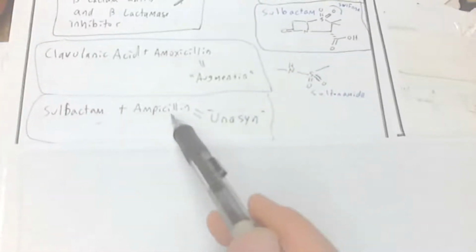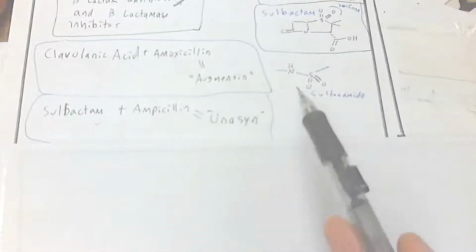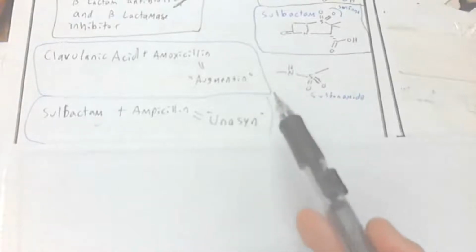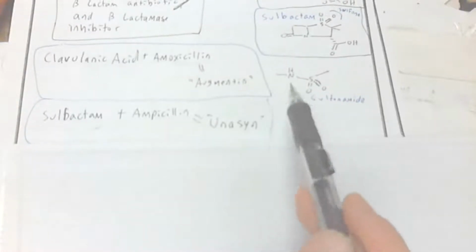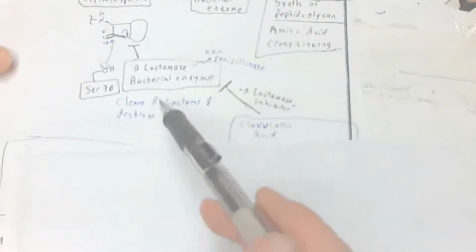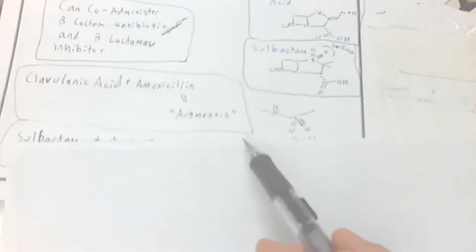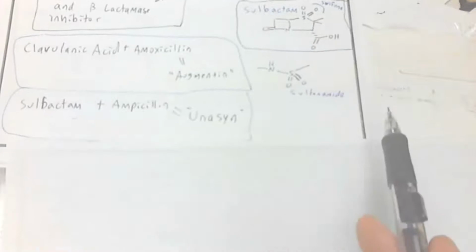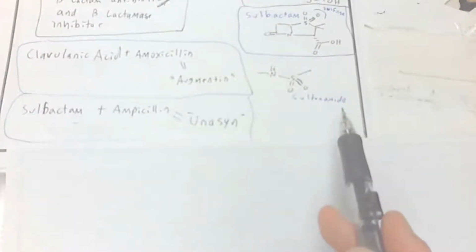And sulbactam and ampicillin is called Unasyn. So it's a pretty cool drug strategy to essentially knock out DD transpeptidase as well as beta-lactamase. It's cool. Yeah, that's a pretty logical strategy. Okay, so we're cool with that. Any questions?